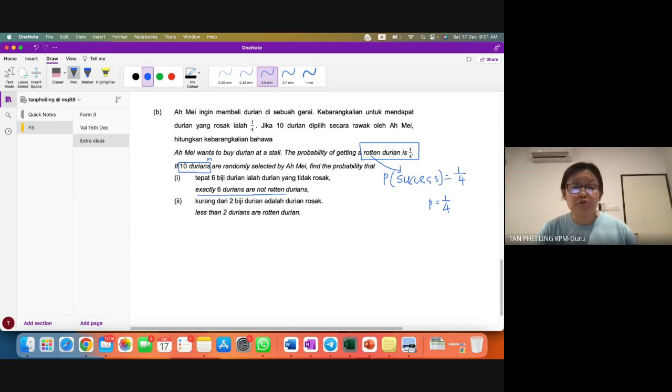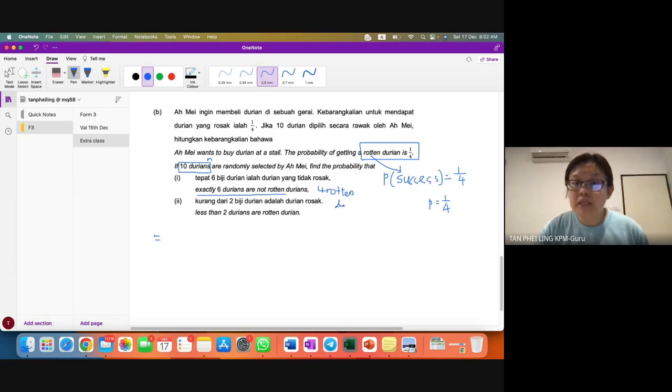So how you define your solution is very important. If you want not rotten is 6, which means rotten is how many? Because our success is rotten, you have to come back to your definition of success. So when they want exactly 6 durians are not rotten, it is equivalent to finding 4 rotten durians. Your success is 4, right?